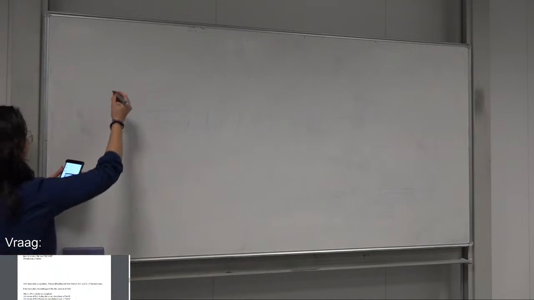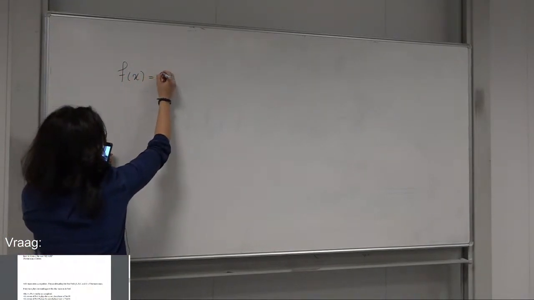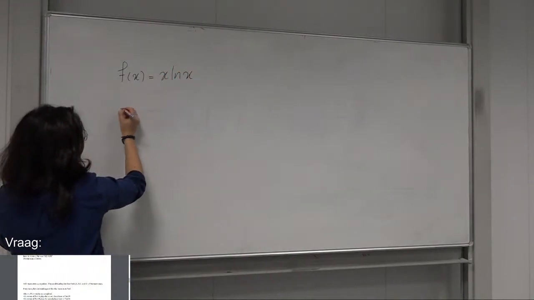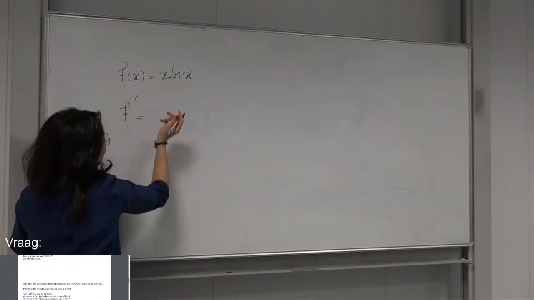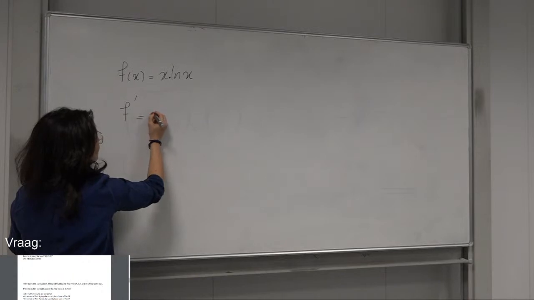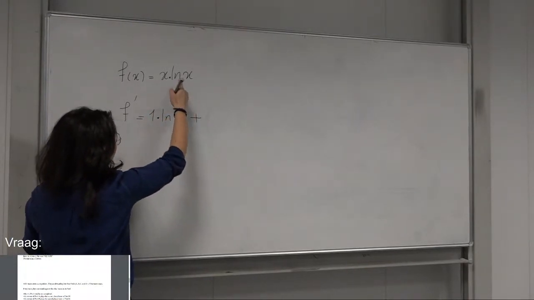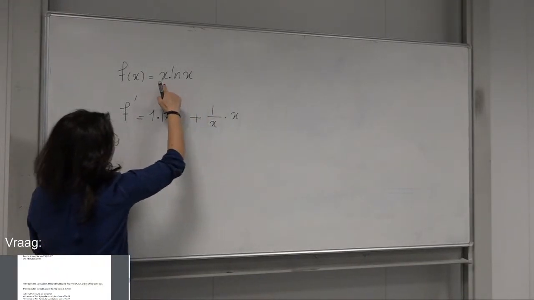Okay. So in this case, the function is f of x equal to x ln x, right? So the derivative is, because I have the product rule again here: the derivative of the first one, which is 1, multiplied by the second function, which is ln x, plus the derivative of the second one, which is 1 over x, times the first function, which is x.